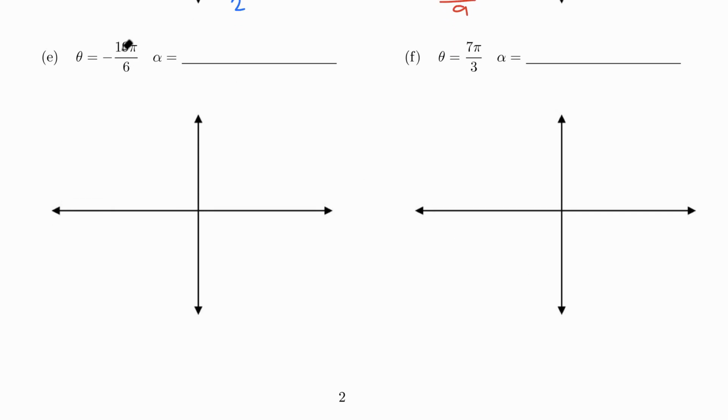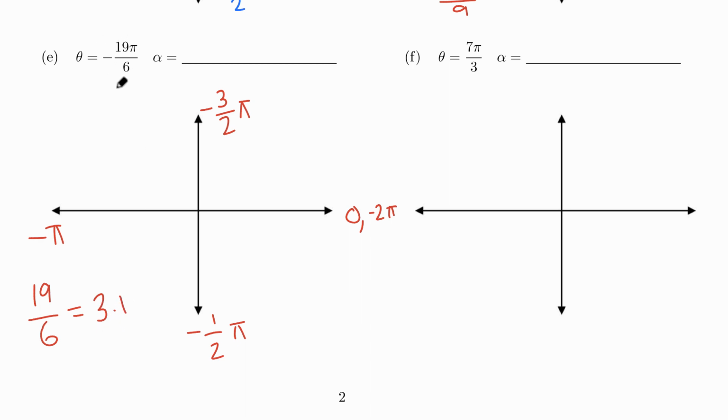So here negative 19 pi over 6. That's negative, means we need to go clockwise. This is negative 1/2 pi, negative 1 pi, negative 1.5 pi, negative 2 pi, going clockwise. So 19 over 6, if we do in terms of decimals, 6 goes 3 times, 18, and then 1, so 3.1.